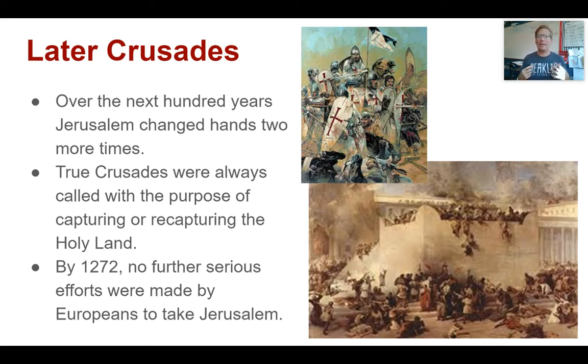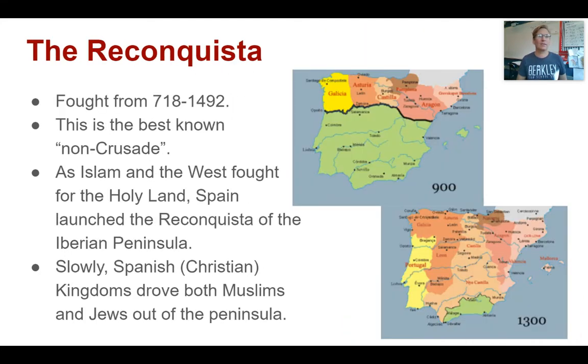And there were 7 attempts to do this. But by 1272, no further serious efforts are made by Europeans to take Jerusalem. They realize they can't do it. They are not organized. They are not wealthy enough. The Islamic empires, the people in charge of that area, are just too strong to resist.